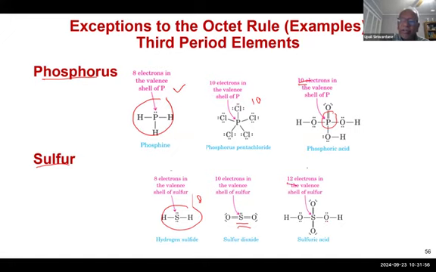You see that, 10, 12, because 3d orbitals can also be used. Therefore, elements in periods greater than 2, like the 3rd, 4th, 5th periods, form compounds with more than 8 electrons, sometimes 10, sometimes 12.